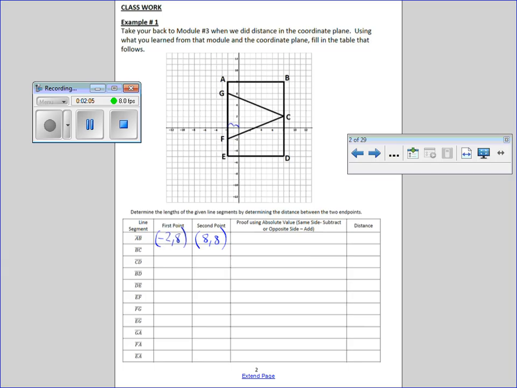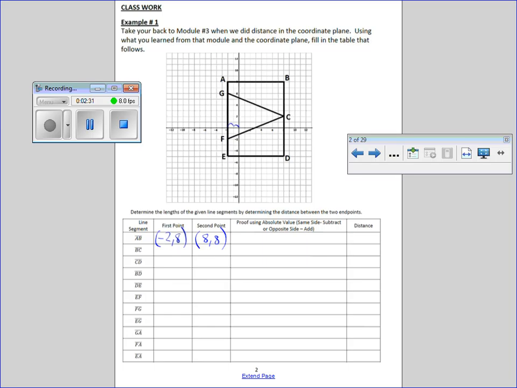The way it works with straight line segments, whether they're vertical or horizontal, there'll always be one coordinate that's the same and one that's different. So take a look at the x coordinates of each point. Take a look at the y coordinates. Which one is different? The x or the y? The x.